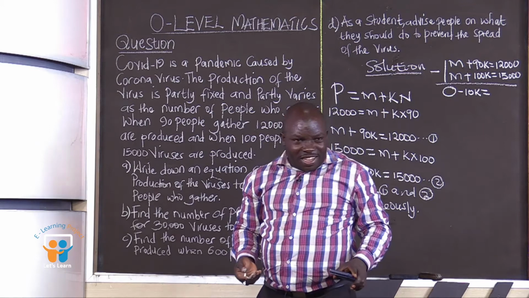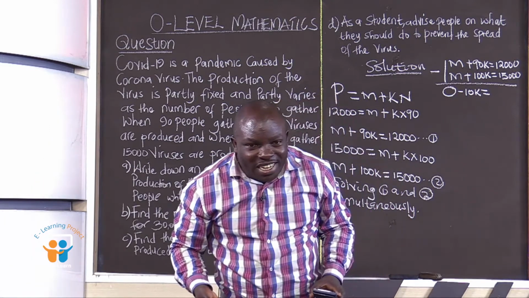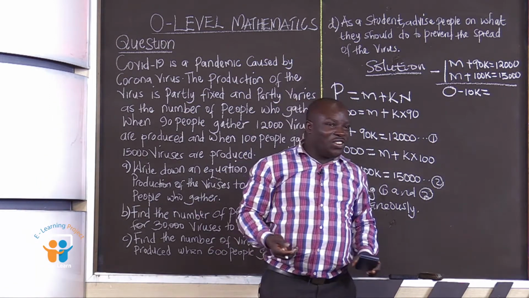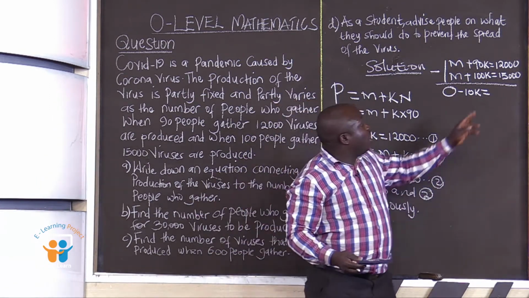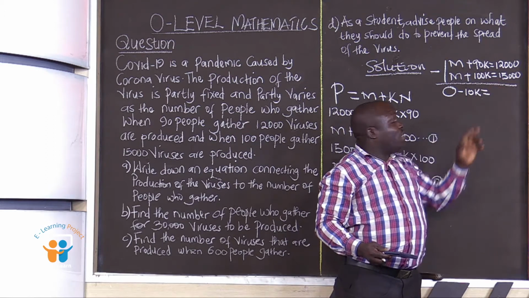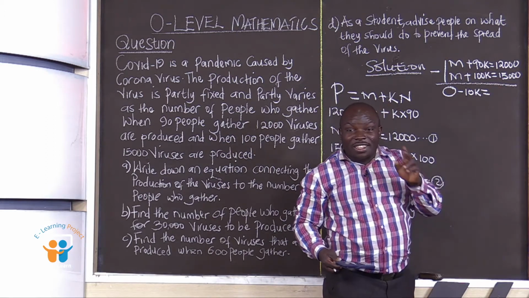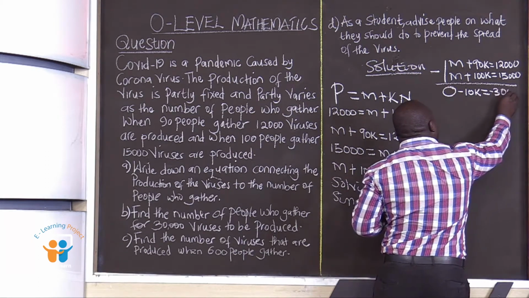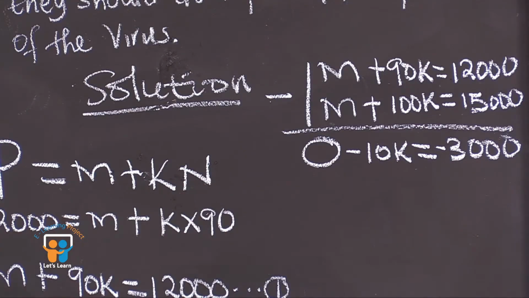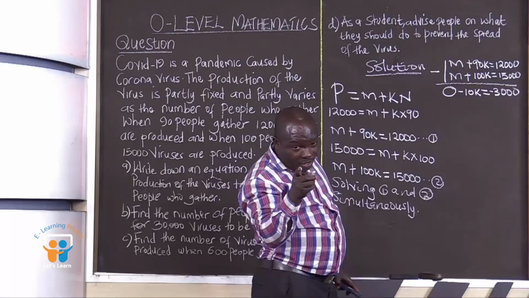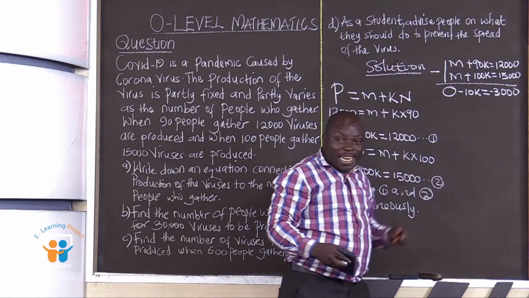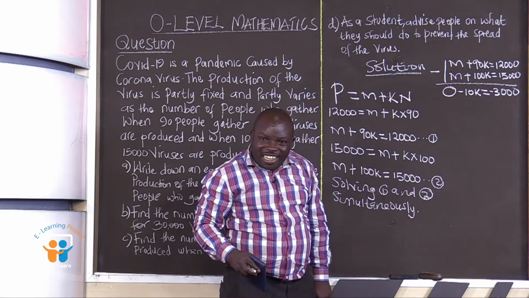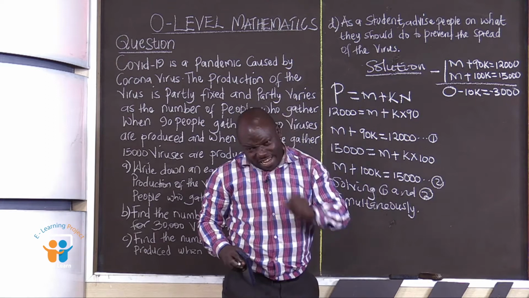Yes, Susan. Susan is telling us that 12,000 minus 15,000 is negative 3,000. Very good girl. Negative 3,000. I believe you can clearly see that m has been eliminated. M has disappeared. We now have one unknown k.